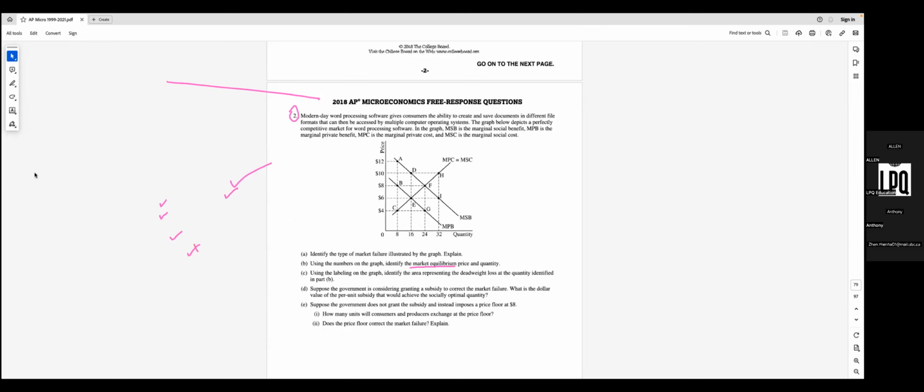The last question asks you to add a little bit more. Does the price floor correct the market failure?